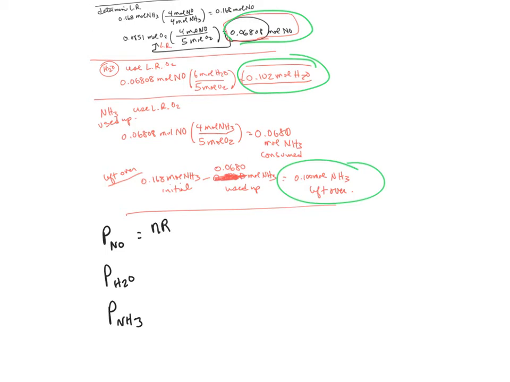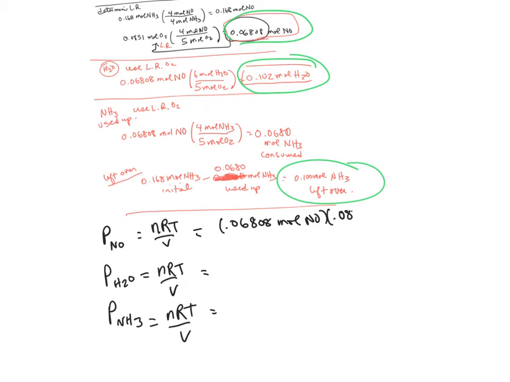And it's nRT over V. Okay, so moles are going to be 0.06808 moles NO. R is 0.08206. Let's just leave up the units here, liter atmospheres per mole Kelvin. This problem is at 298 Kelvin, and you're dividing by 1 liter.